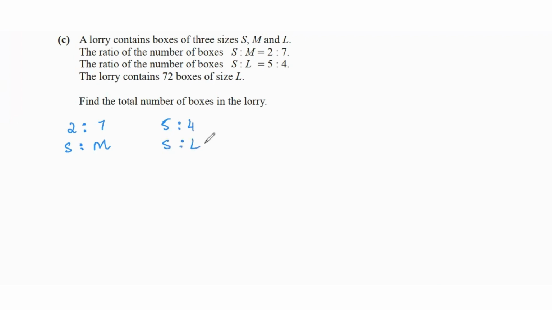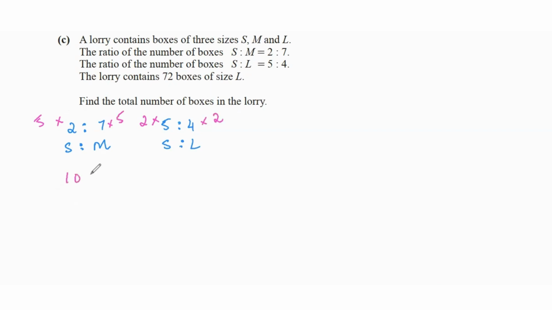So whenever in a ratios question, you have one similar quantity in both the ratios, what we do is we try to make those quantities the same. So since small is 2 over here and 5 over here, to make them equal, we're going to multiply this by 5 and this by 2. Now, since we're multiplying small with 5 and 2 in these ratios, we need to do the same with the other quantities. By that, what I mean is that 7 gets multiplied by 5 as well, and 4 gets multiplied by 2 as well.